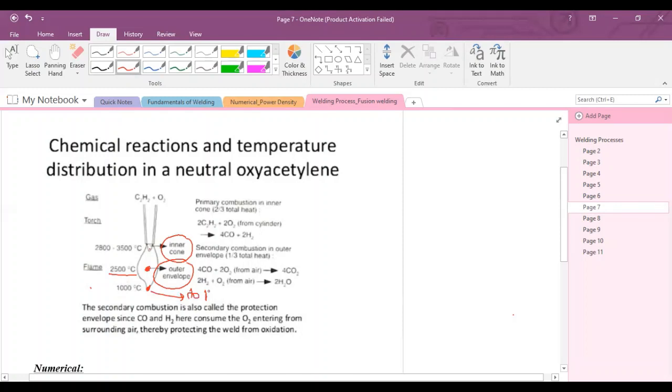It is used to preheat the base metal, or to prepare the base metal for welding. And the inner cone is used to fuse the base metal, or to bring the base metal into the molten state.